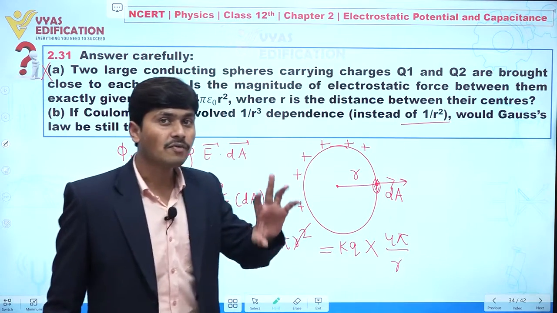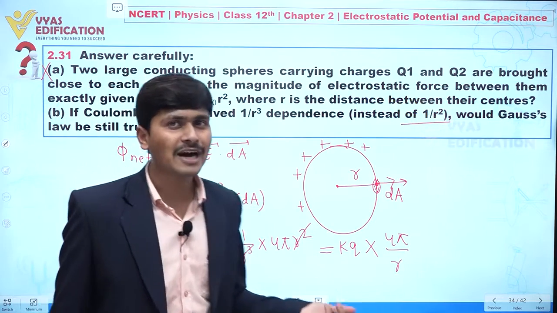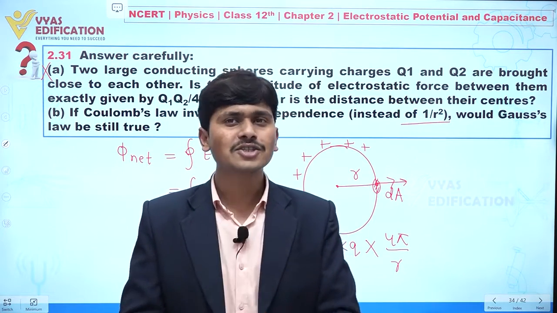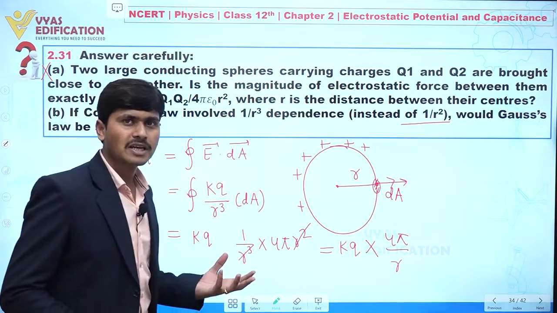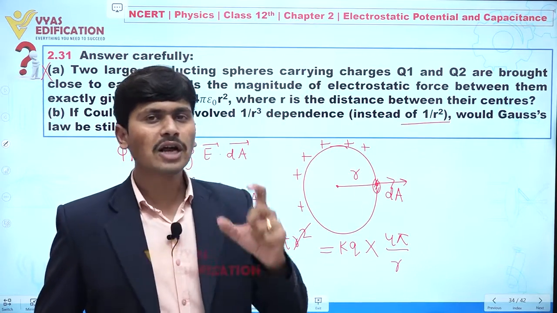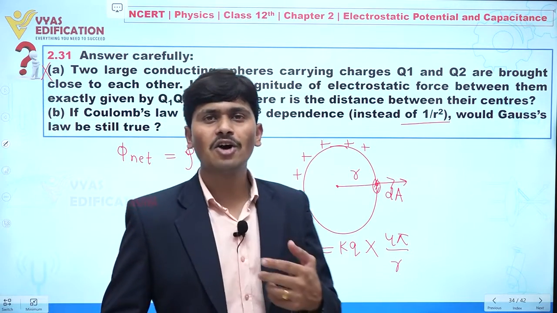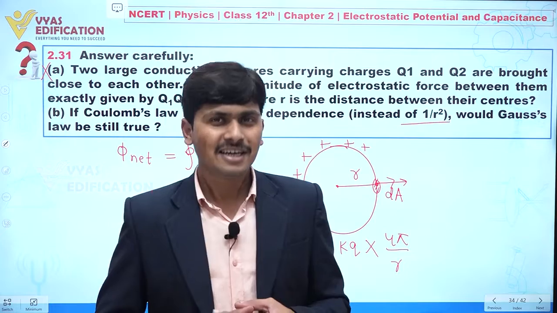Clear? So now the electric field is varying according to 1 upon r cube, and Gauss law is now not valid. Clear? So Gauss law is only valid whenever Coulomb's law has an inverse relationship with the square of the distance between two point charges. Clear to everyone?